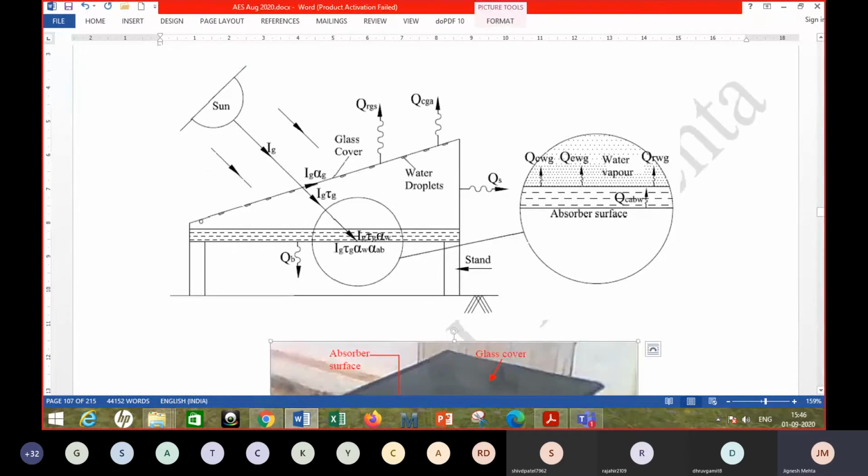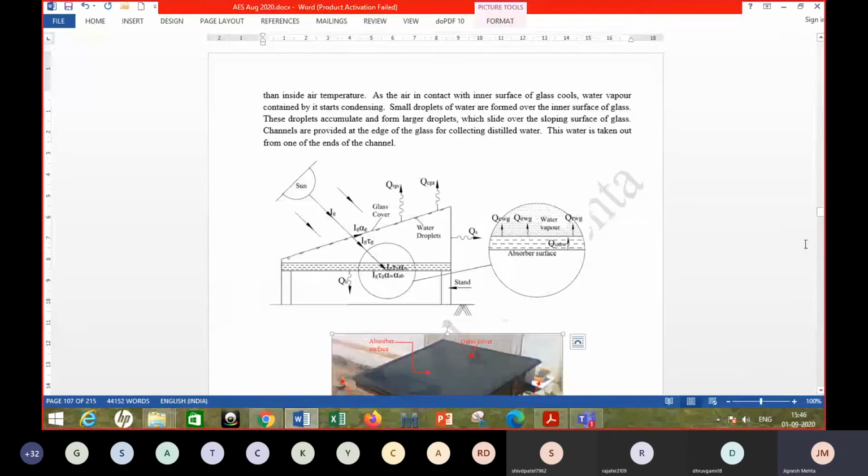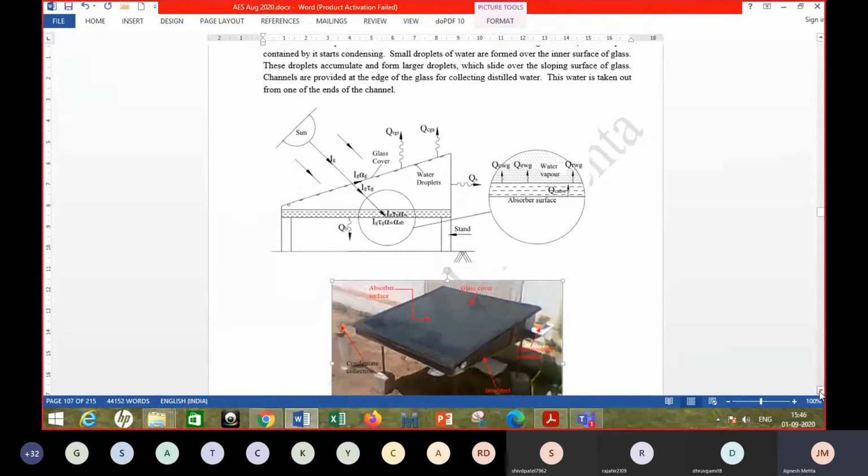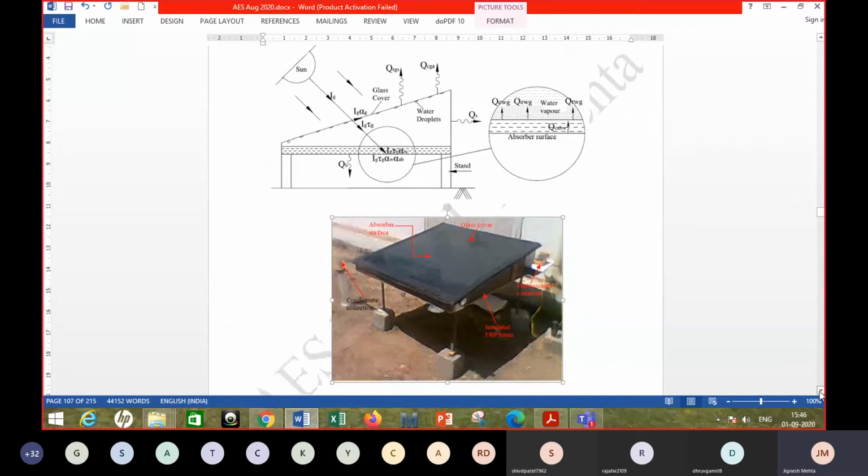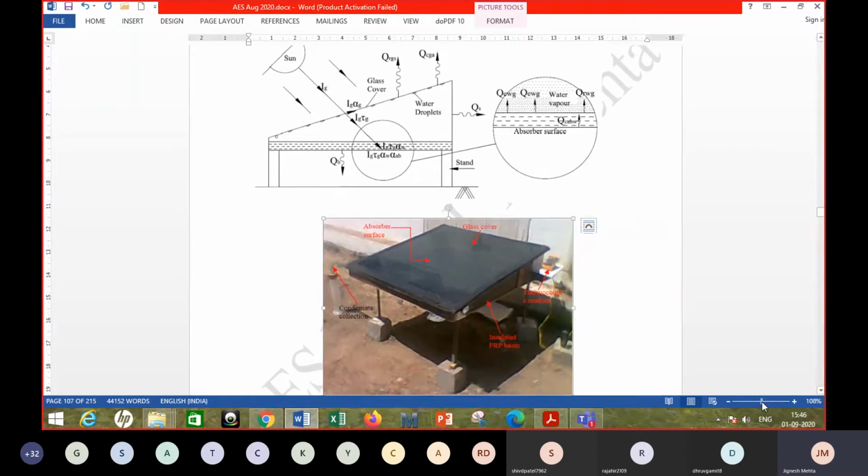So let us focus on the energy transfer, energy conversion, and heat transfer processes which are involved in this device. The earlier diagram which was shown was a double sloping design.